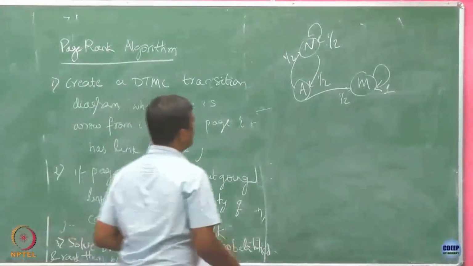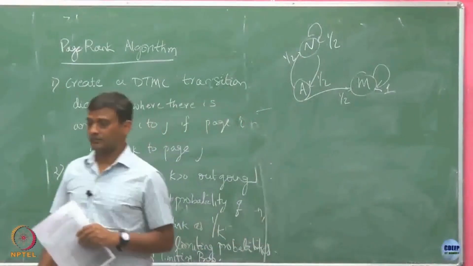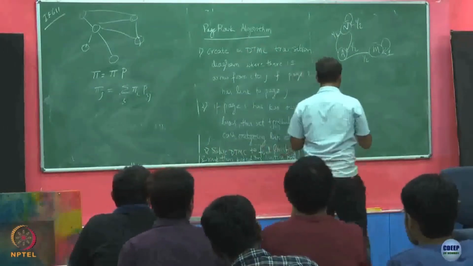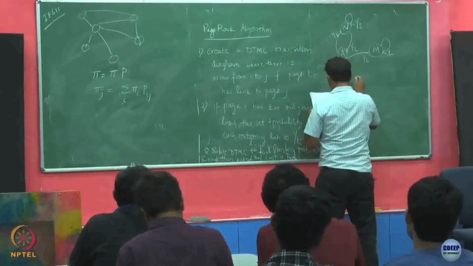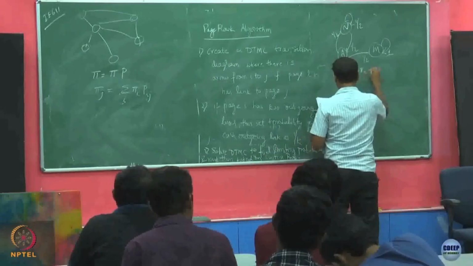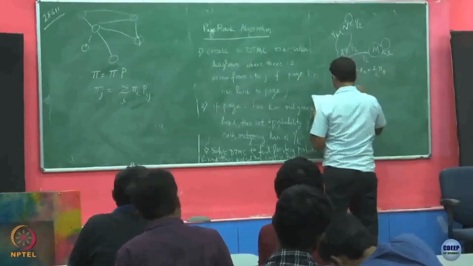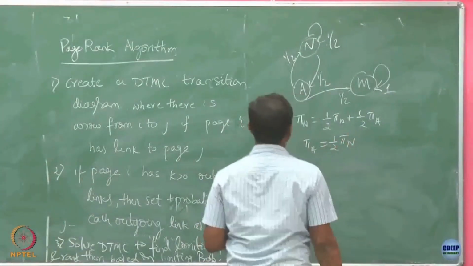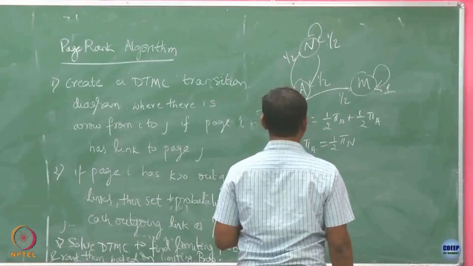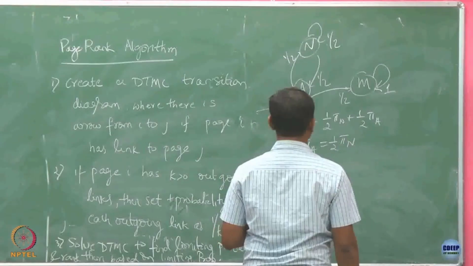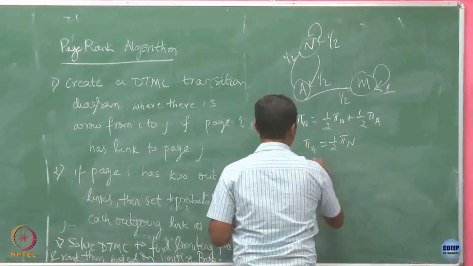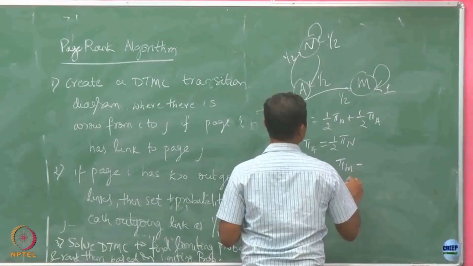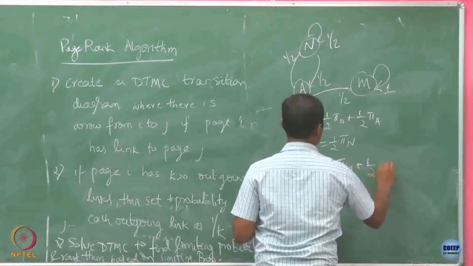If you solve this DTMC for its limiting distribution, the equations you are going to get are: pi of A is going to be half pi of 1, and that is the only incoming link there, and then pi of M is going to be pi of M plus half pi of A.